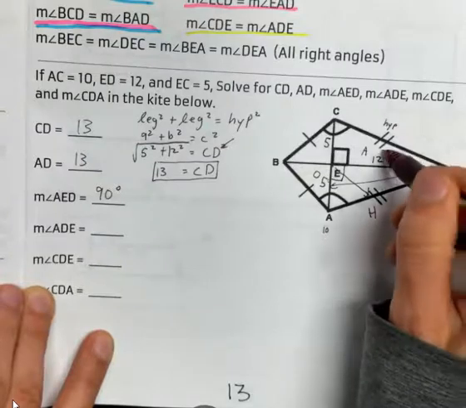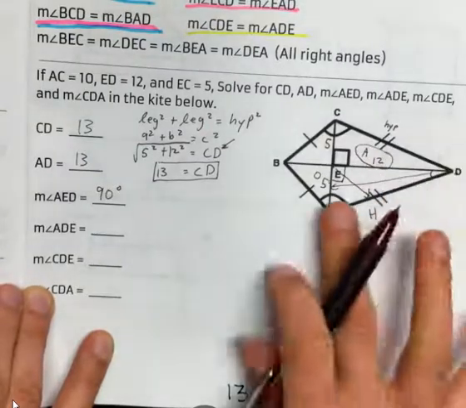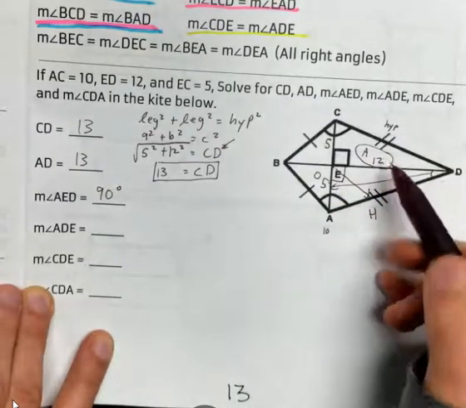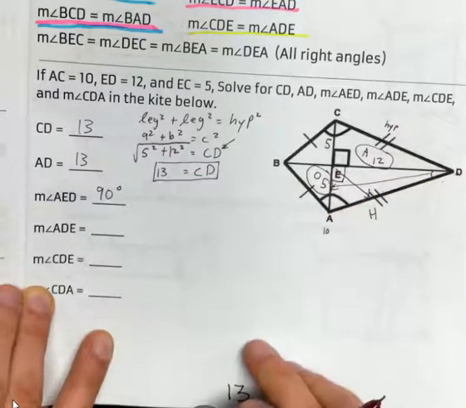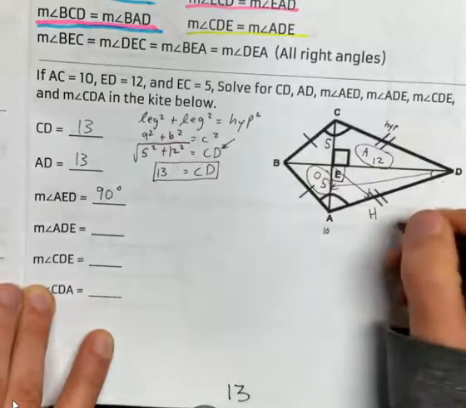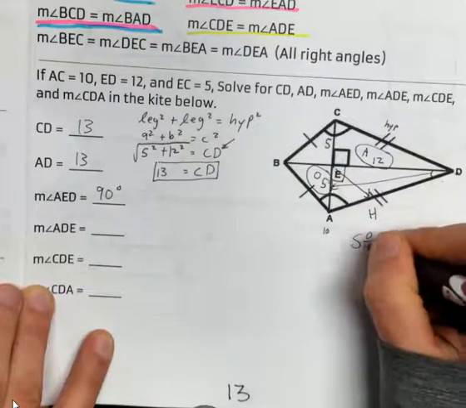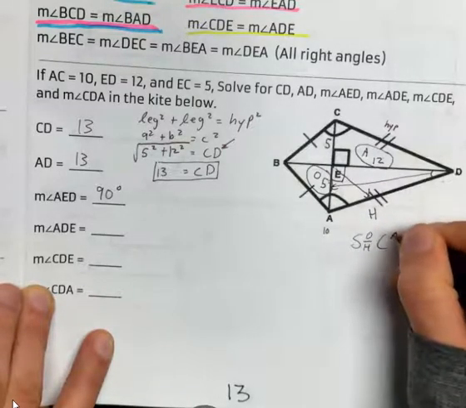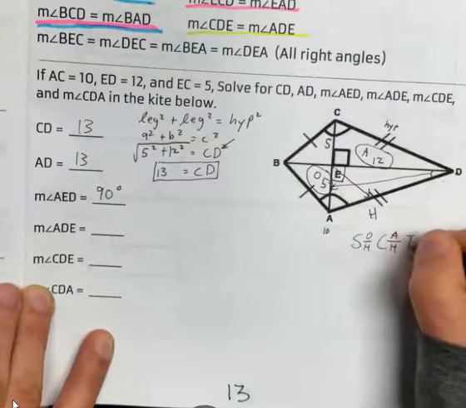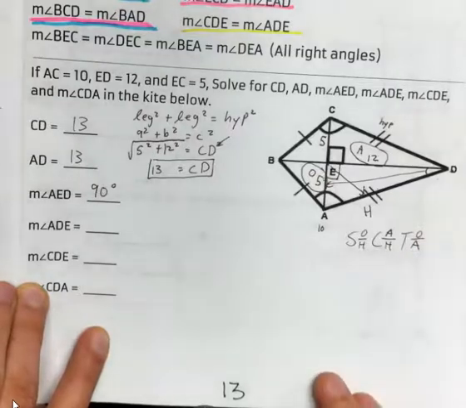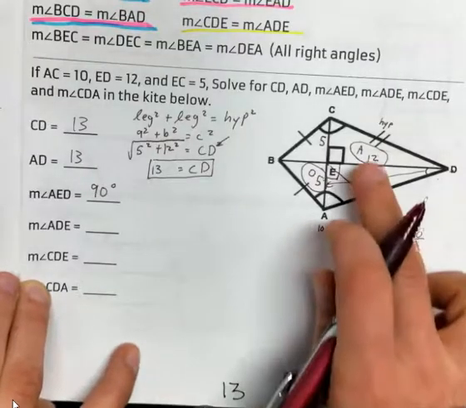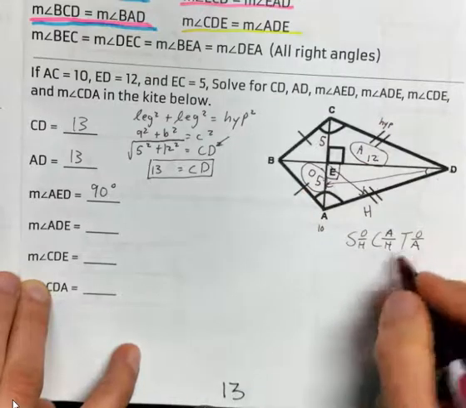So what actually is marked on my triangle? I have A, my adjacent side, and my opposite side marked. Okay? And then let's remember SOH CAH TOA. What do I have? I have O and A, right?